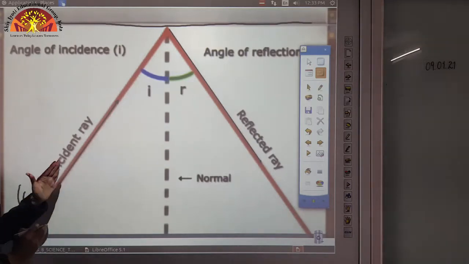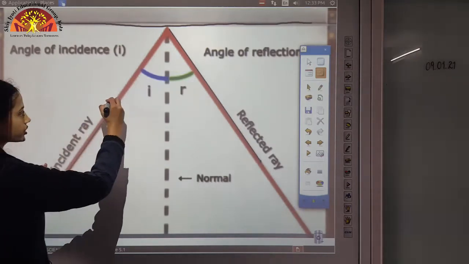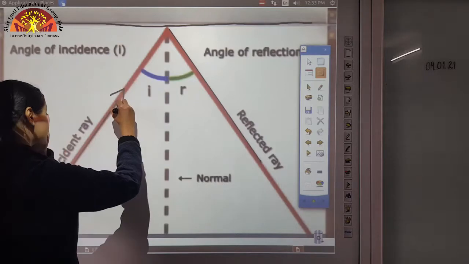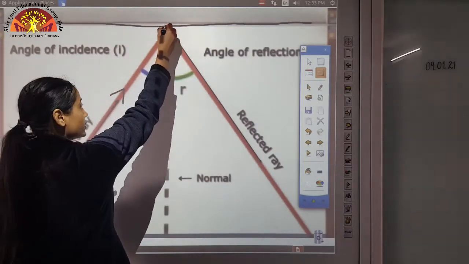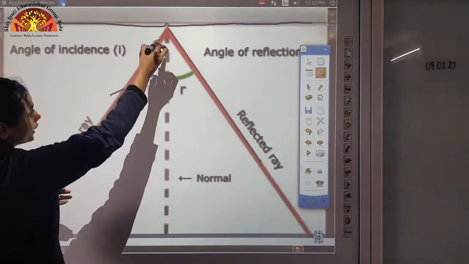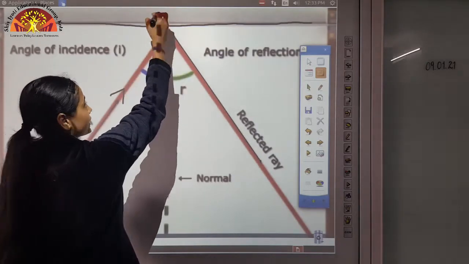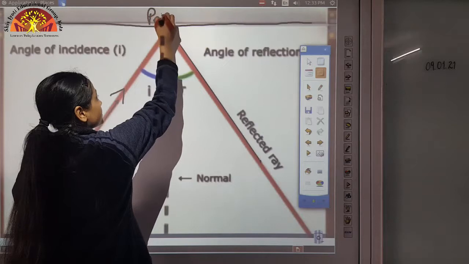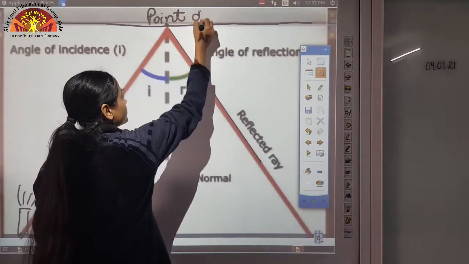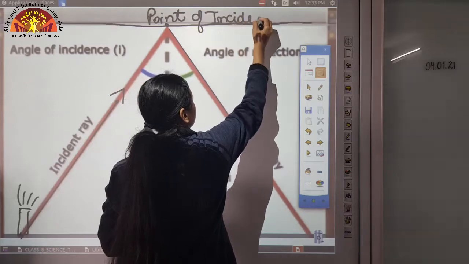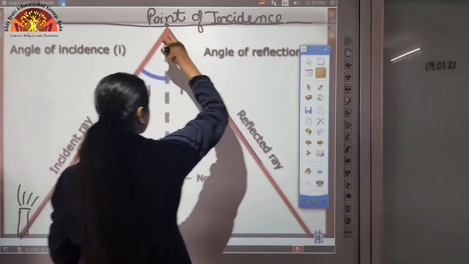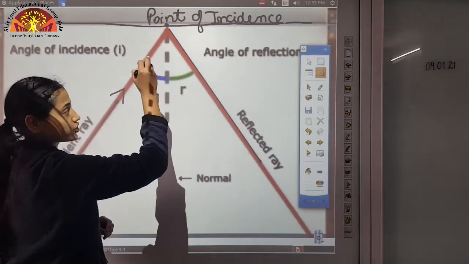The light ray coming out of this torch is falling on this plane mirror. This is a reflecting surface, so this point is known as the point of incidence. At this point, reflection occurs.